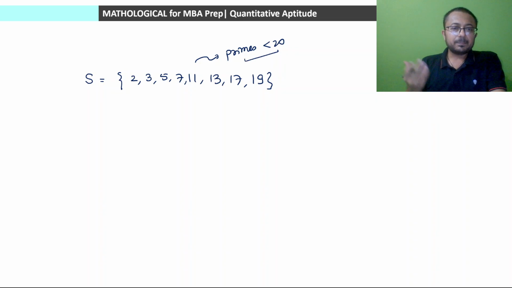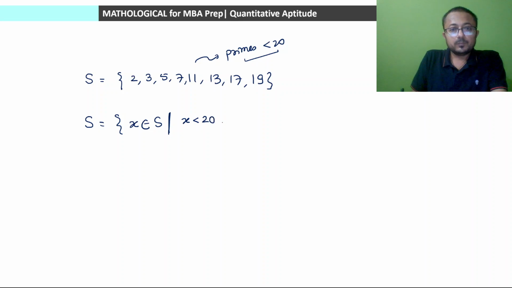So there is another representation for this set. We can also write, instead of elements, that S is a set such that x is an element of S, ठीक है, this sign represents such that: x is an element of S such that x is less than 20 and x is a prime.